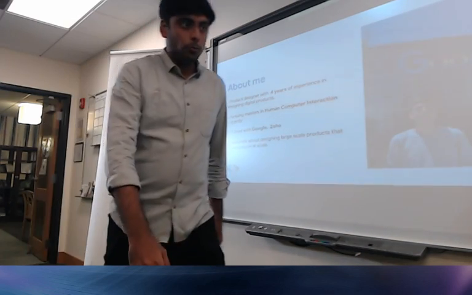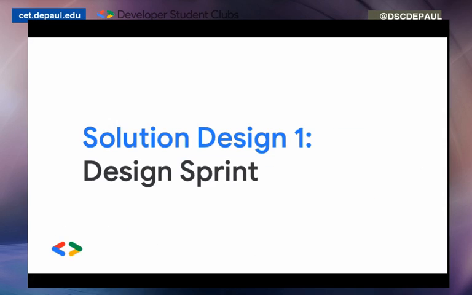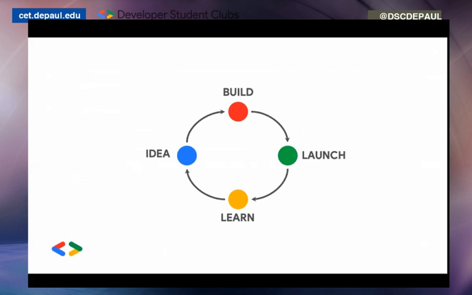So we'll get started with the design sprint. This is going to be the first exercise which we are going to do towards the solution design. If you see the whole software development process, this is how it works. You learn about what you want to do, and then you ideate, you build and launch.